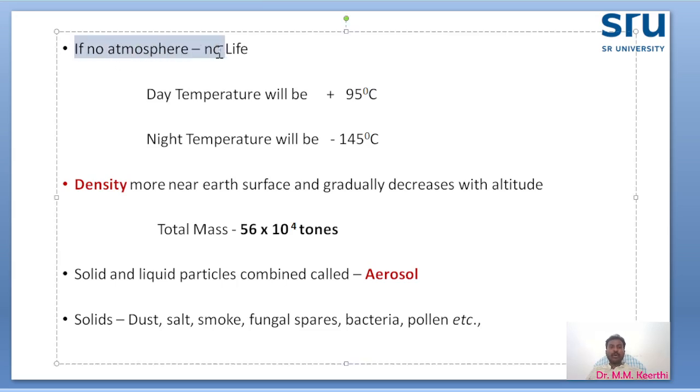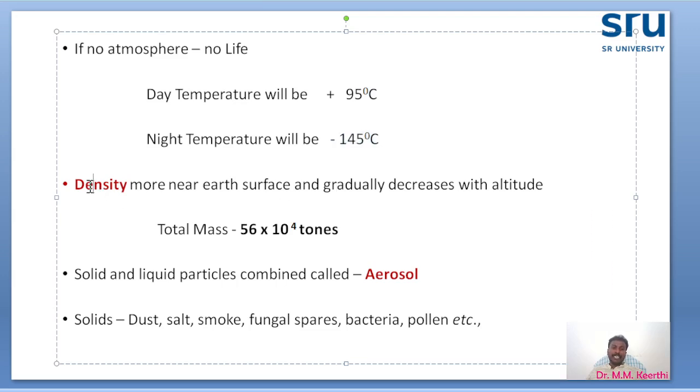Imagine there is no atmosphere, which means no life. If there is no atmosphere, the daytime temperature will reach up to 95 degrees Celsius, and the nighttime temperature will reach down to minus 145 degrees Celsius.